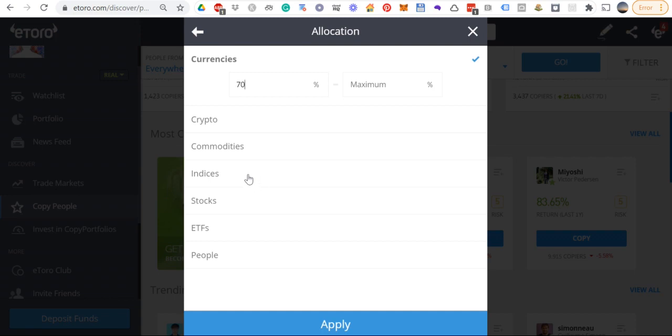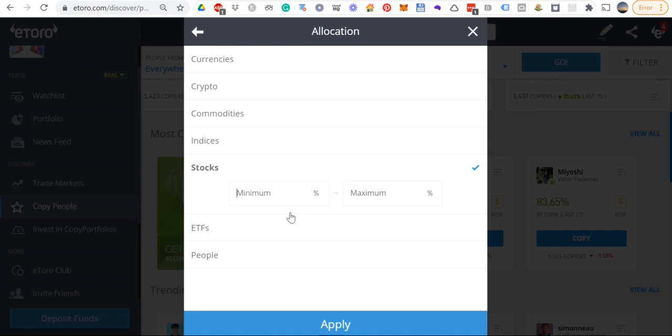If you are looking for maybe someone who's just picking stocks, you might want to say, right, I want a stock portfolio of at least 70%. I'm actually not worried about that because I'm looking at currency traders, so I'm just going to delete that. Same with ETFs and indexes. You might like the commodity story, and that's a good thing to be invested in, I think, over the longer term.